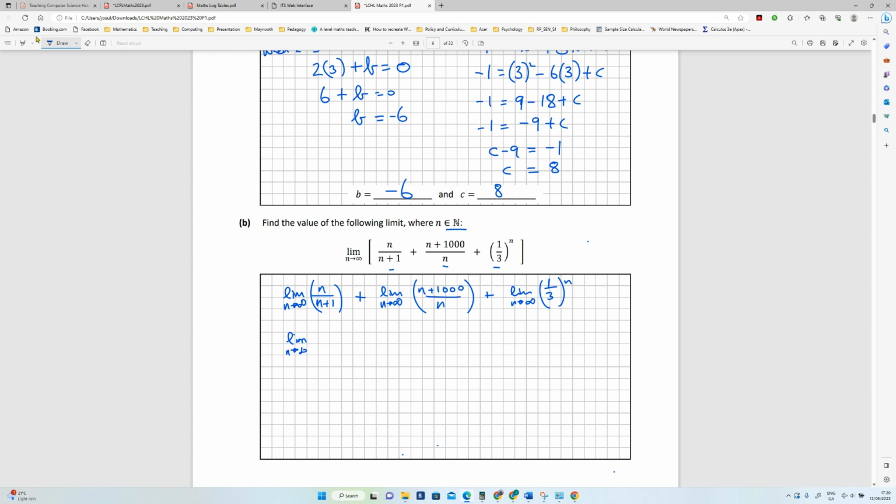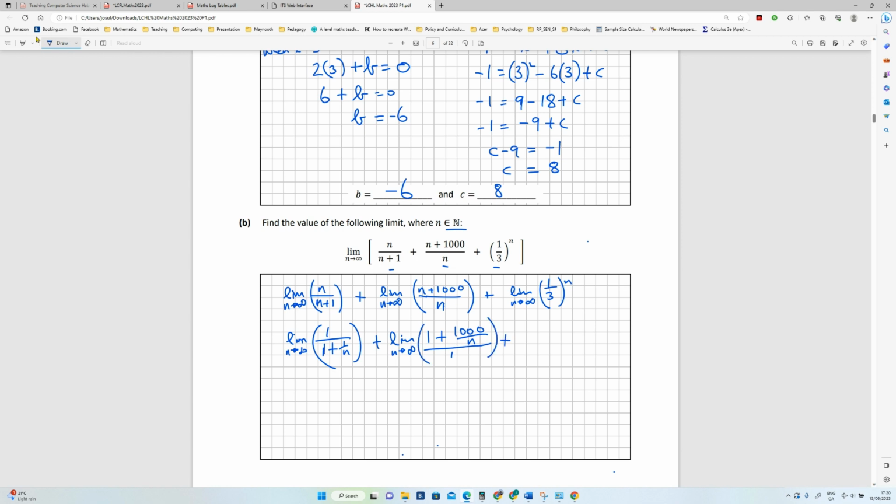So n divides into n 1 times, all over n divides into n 1 times plus 1 over n, like that, plus the limit as n goes to infinity of n divided by n is 1 plus 1000 divided by n, all over n divided into n is 1. Okay, so that's what that one looks like.